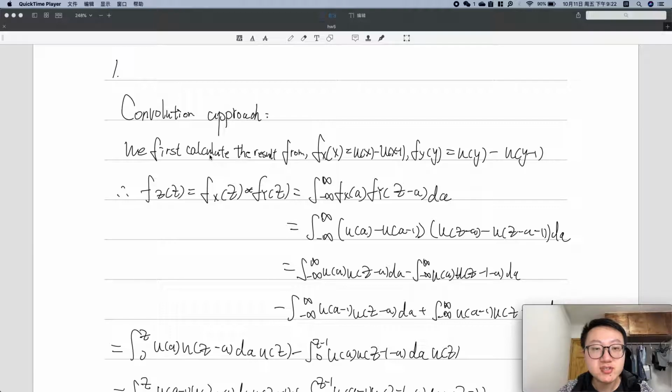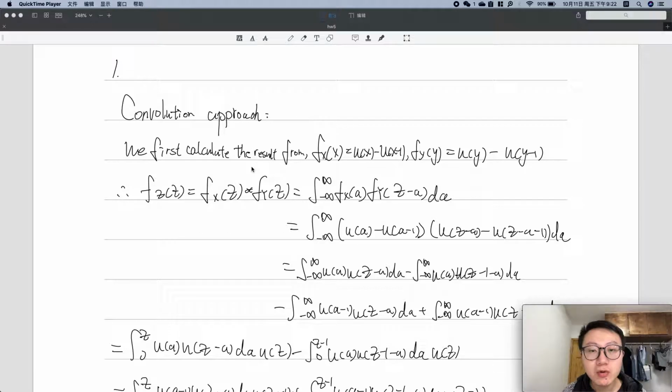The first sub-question is to use the convolution method. So for the first sub-question we need to use the convolution approach.